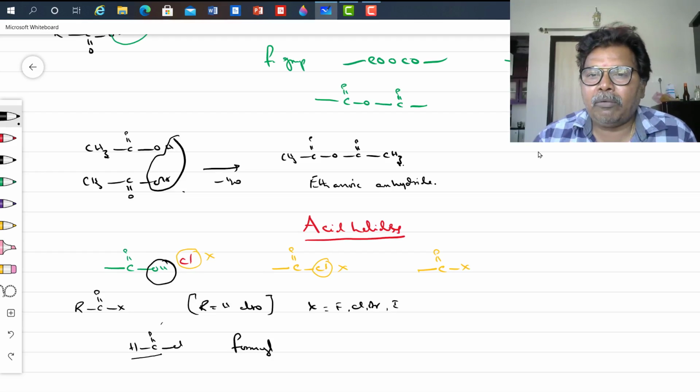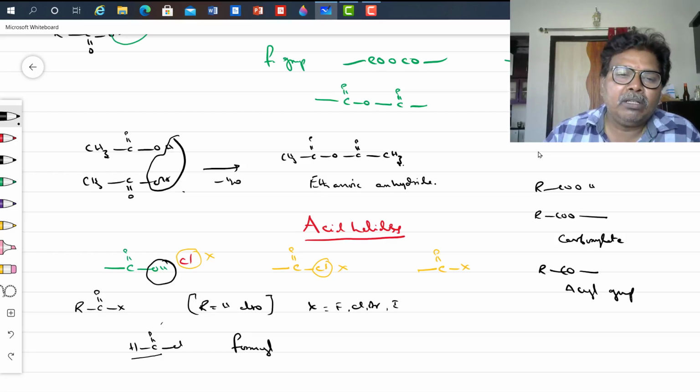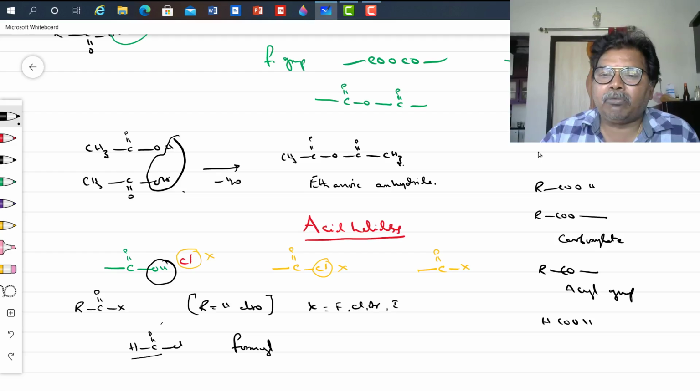See, for example, RCOOH. Remove hydrogen, then this is called carboxylate. Now remove O also, RCO, then it is called acyl group. So this is HCOOH, formic acid.